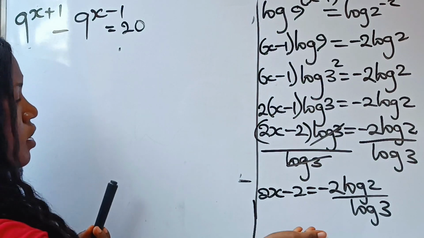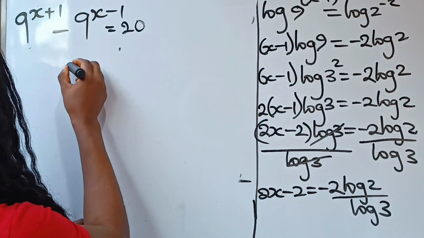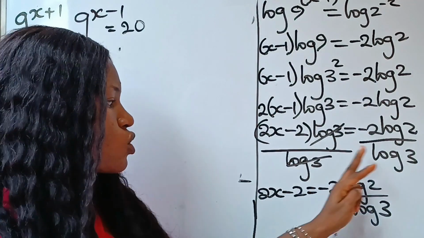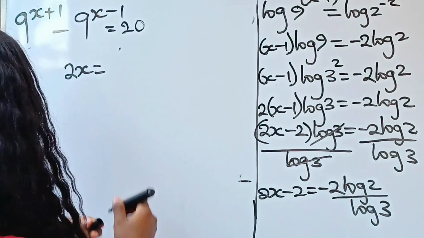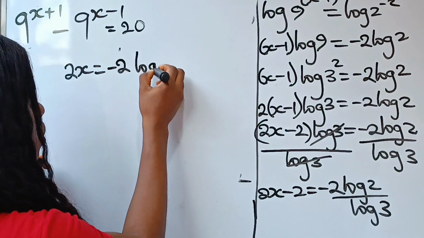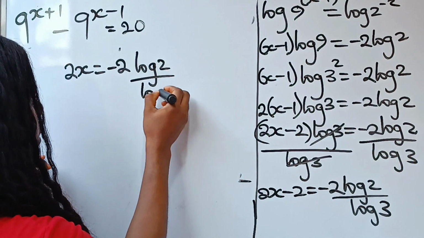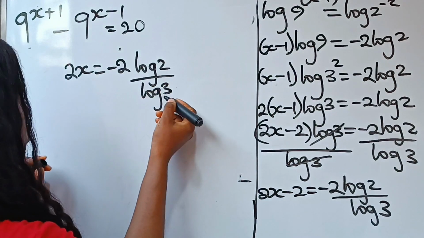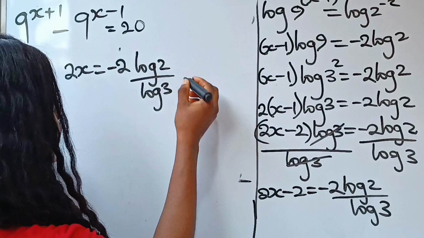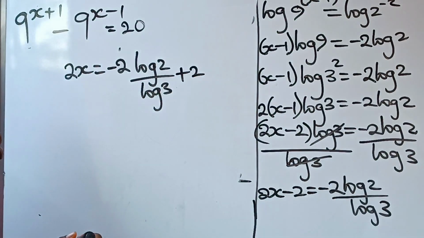All right, now this is what we have. I now want to transfer this minus 2 to this side of the board, okay? So I will now have 2x is equal to minus 2 log 2 divided by log 3, okay? Then this minus 2 will cross to become plus 2.